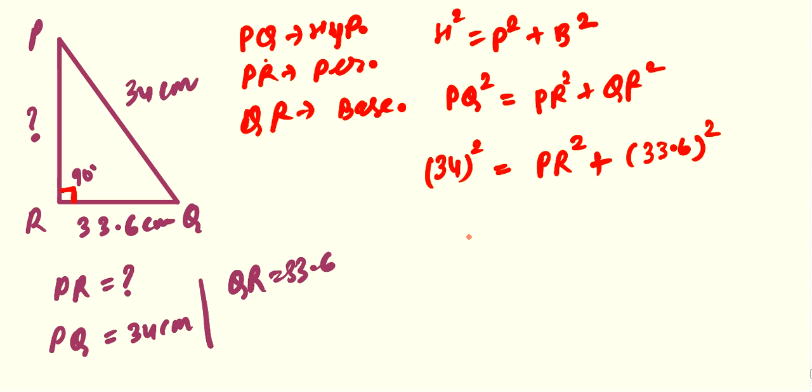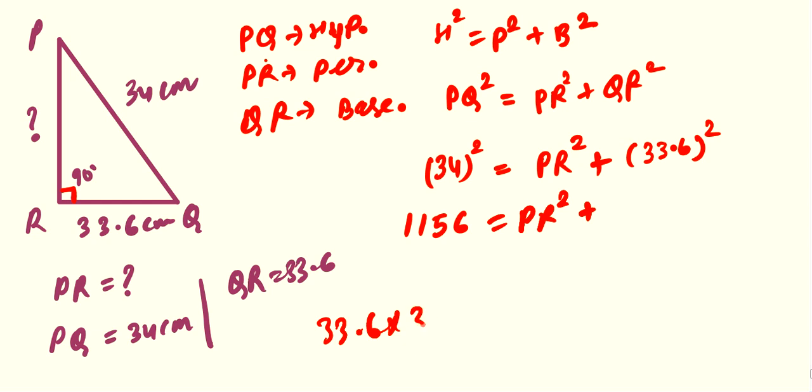So you will get 1156 by 34 square. So you have to multiply 34 into 34, so you will get 1156. Then equals to PR square plus 33.6 square, means 33.6 into 33.6.